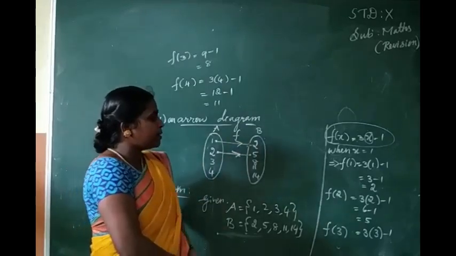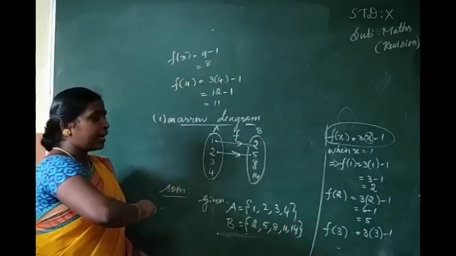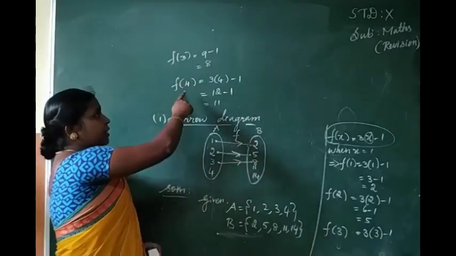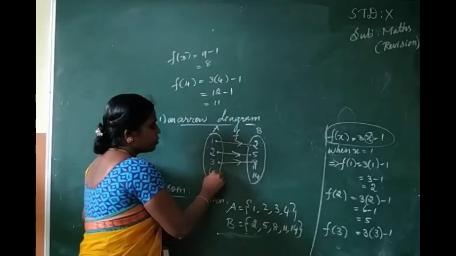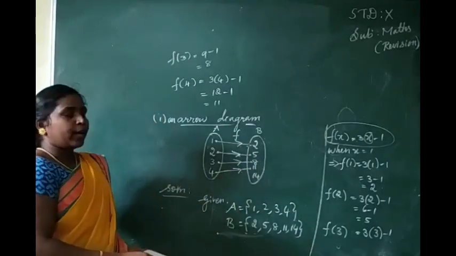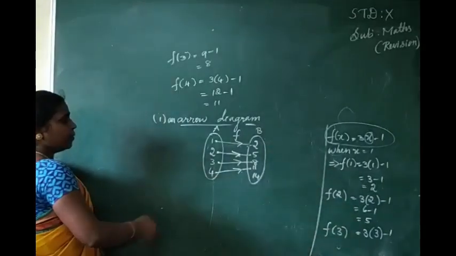Next third one, when x equal to 3, the value of f of 3 is 8. Next one, when x equal to 4, the value of f of 4 is 11. So 4 to 11. Okay, that's that. This is the arrow diagram. Next, second subdivision, we are going to form a table.